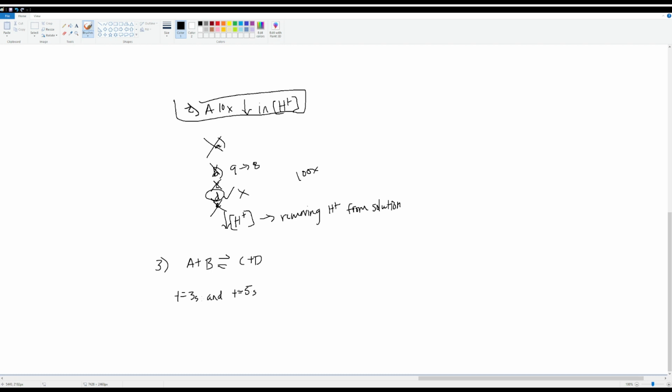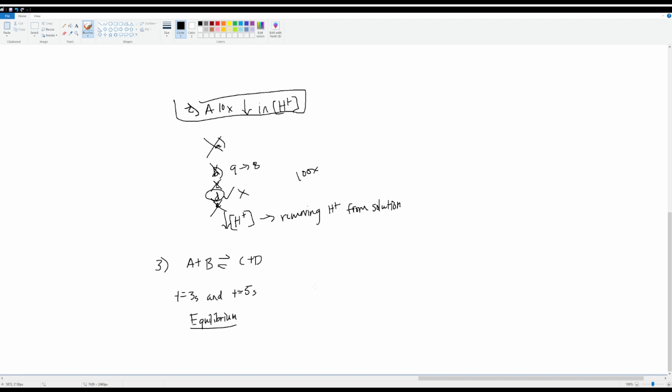What state would we say this reaction is at? If there's no measured change in the concentration of either 4 entities. Does it say that A plus B equals the concentrations of C plus D? No, so they're not equal. But yes, they are at equilibrium. So we are at equilibrium at time T equals 5 seconds.